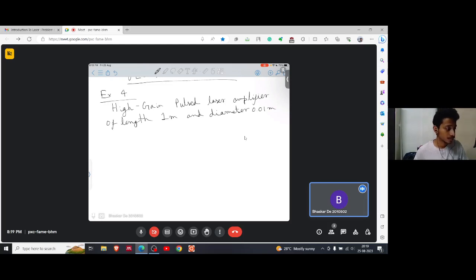So basically there is only one mirror. So the problem is very straightforward. This is the gain medium, then there is a mirror. So the beam is actually traveling this path twice.